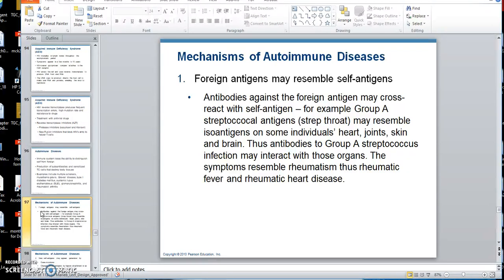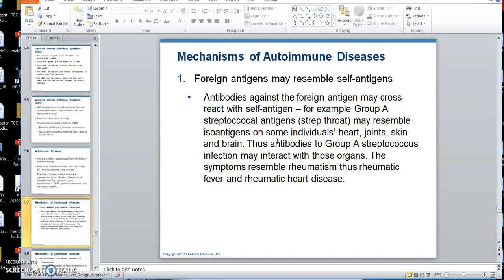But some of your surface antigens on cells look so similar after you've done this that it turns and attacks that. One example of this is the group A streptococcus. It may resemble isoantigens, that's your natural antigens, on some heart valves, joints, skin.